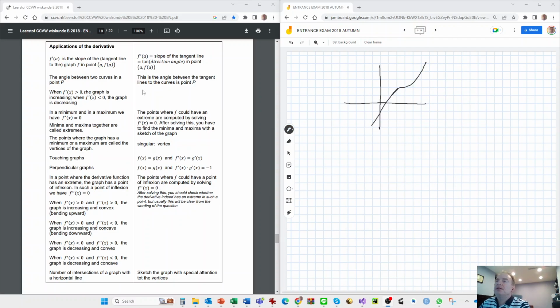Next, page 18 is applications of the derivative. So still a little bit calculus related. So f prime at a point a is the slope of the tangent line of graph f in point a and f(a). And we learned already earlier a little bit about what the slope is.